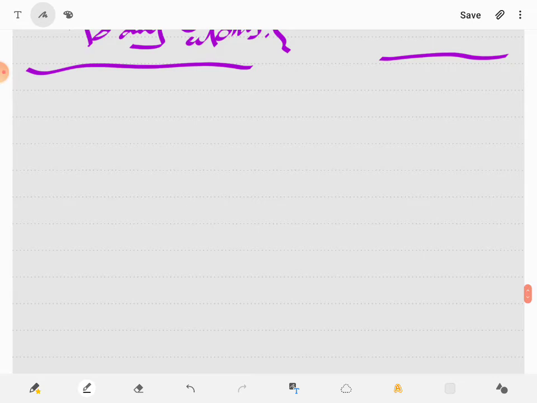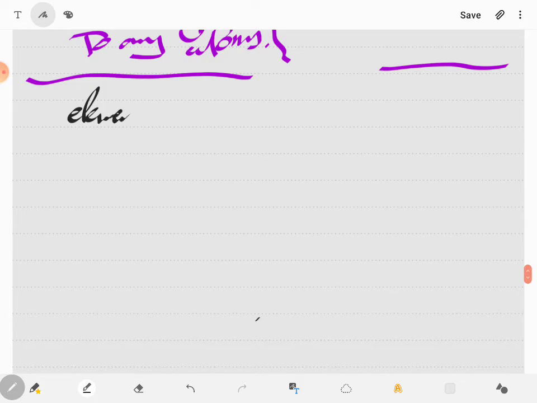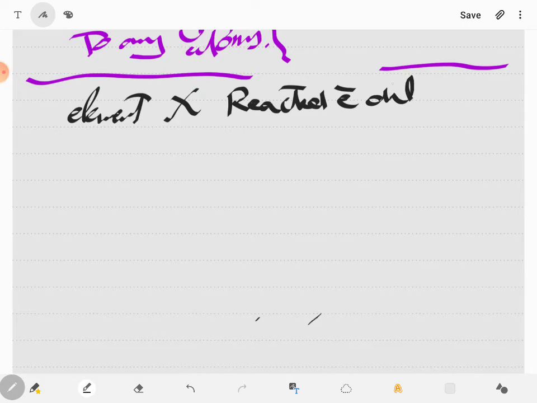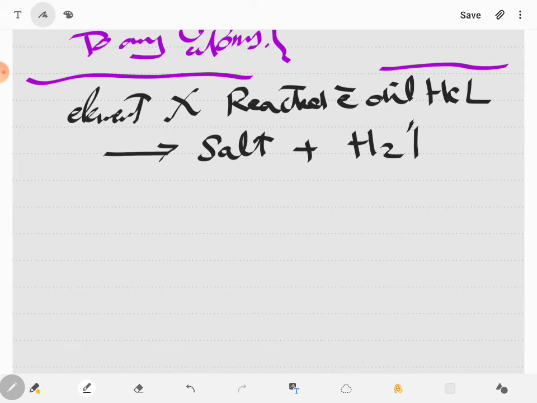If he told you, say we have an element X. This element X reacted with diluted HCl, resulting in salt plus hydrogen gas evolved.